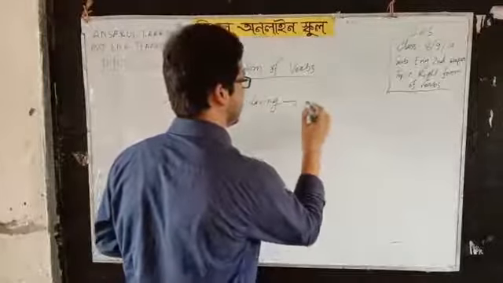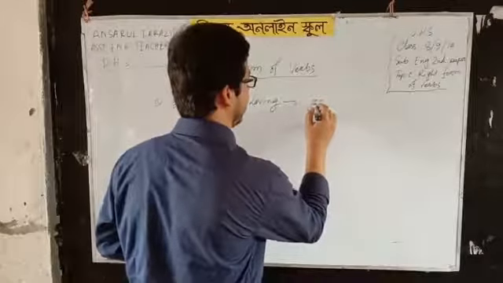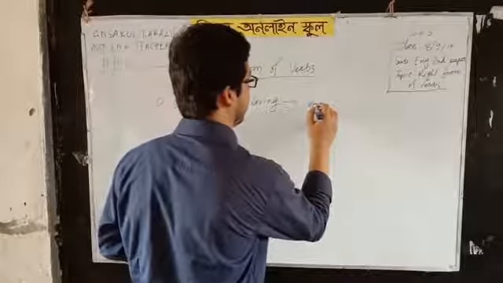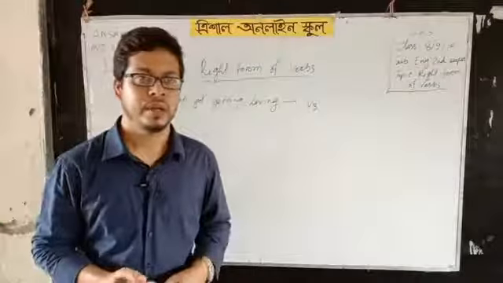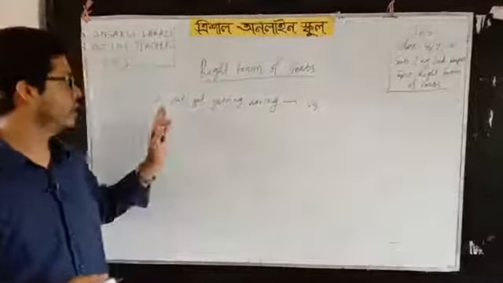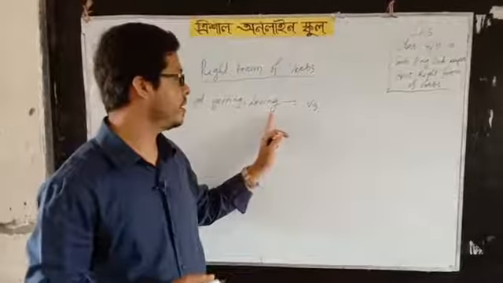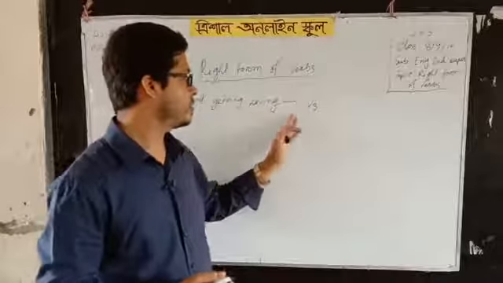After these words, generally we use verb 3. Get, got, getting, having. After these words we use verb 3.